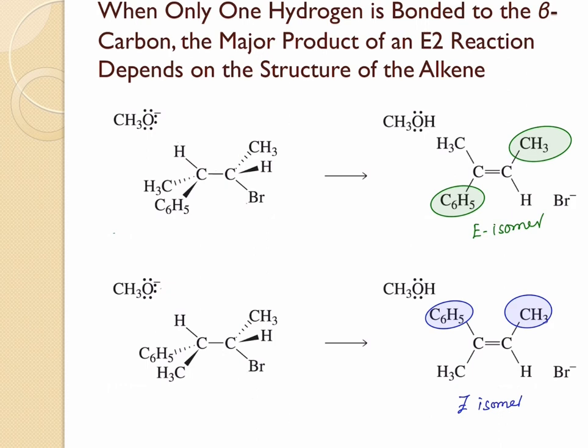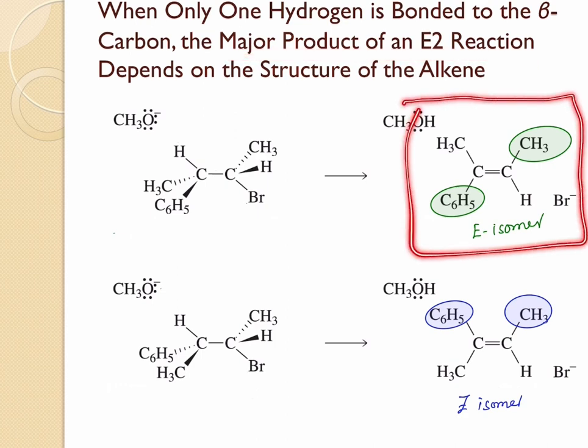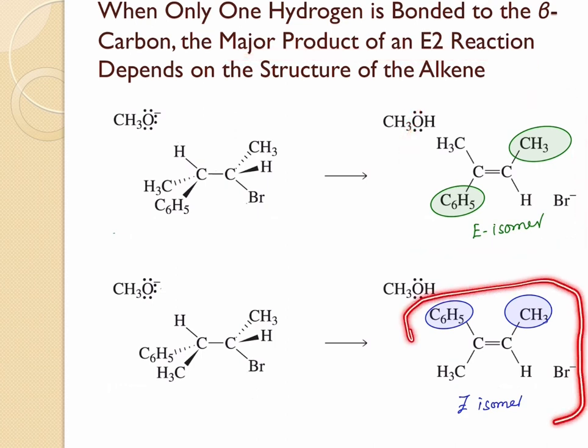So in order to find the major product where there is only one beta hydrogen, we have to look into the structure of the alkene that is formed. We cannot make any generalized statement that only the E isomer or the Z isomer is formed. We have to look into the structure of the alkenes to find out the major product that is obtained.